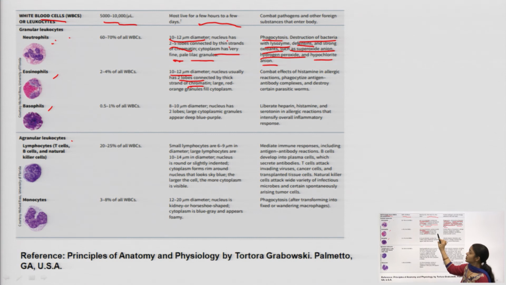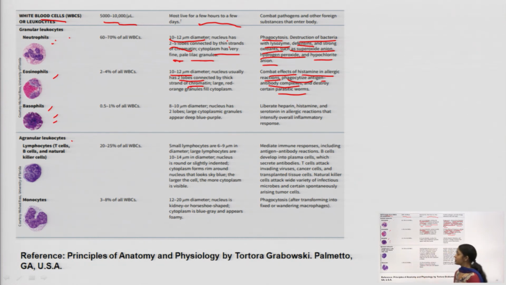They have large red-orange granules because they are stained with the acidic dye eosin. That's why it is called eosinophil. Their functions are to combat the effect of histamine in allergic reactions, phagocytize antigen-antibody complexes and destroy certain parasitic worms.